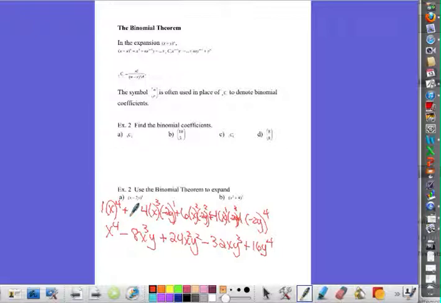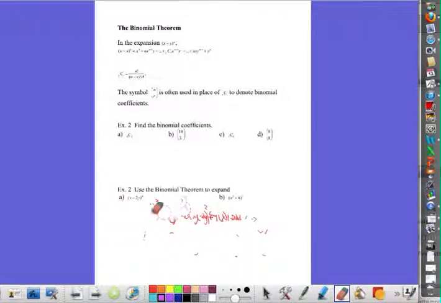Alright, then go ahead on to B and I'll work that out in a moment. So that's to the 3rd power, so you're going to go 1, 3, 3, 1.